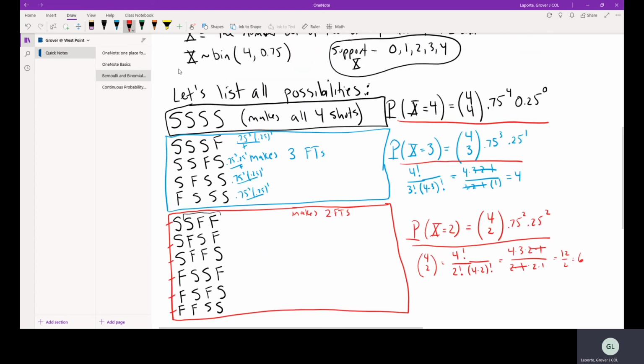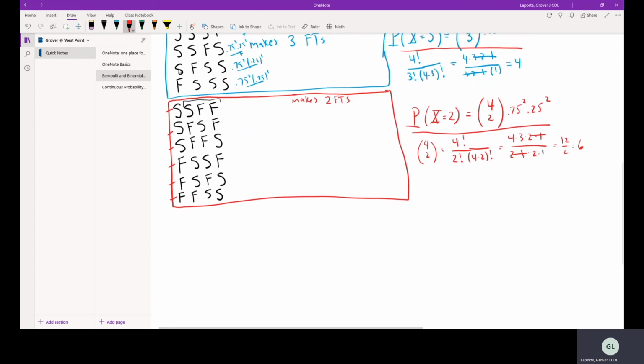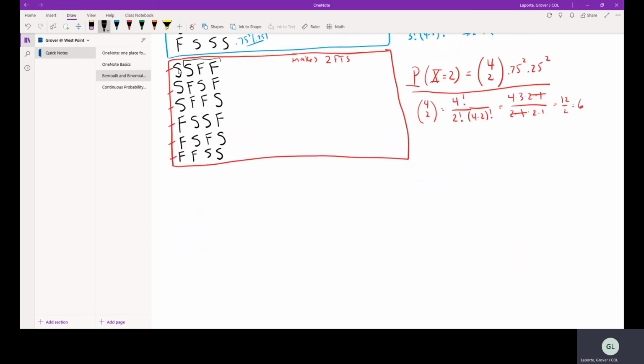And then what would it look like if we only made 1 free throw? So let's go ahead and say that you miss them all except for the last one, and then bring that S through all the other options. F, S, F, F, and then S, F, F, F. Okay, let me get the green pen, put a box around this one.